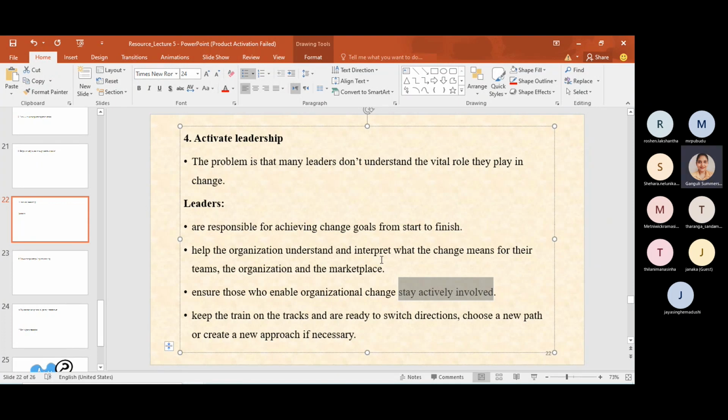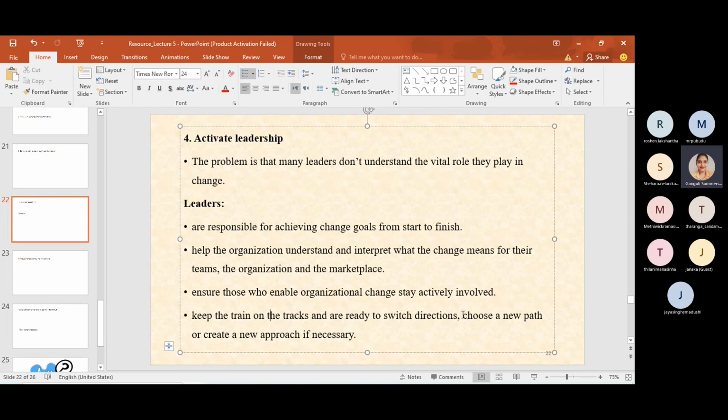Okay, and yeah, and you need to be sort of alert about the situation as well. Okay, so once you implement a certain change in the company, you need to stay alert. You need to pay attention to what is happening, and is everything going as planned, or are your employees facing any challenges or any problems?